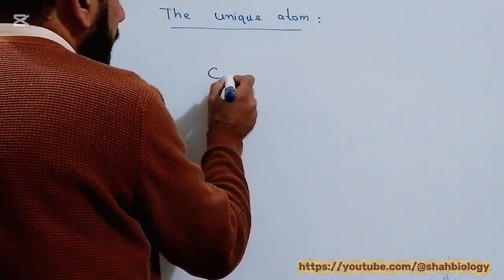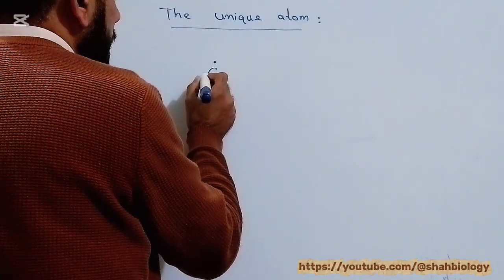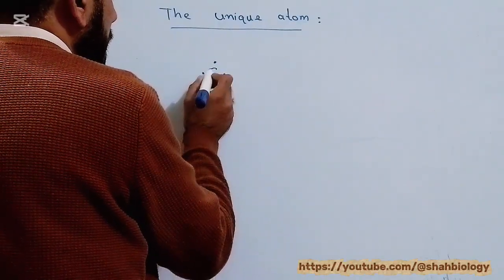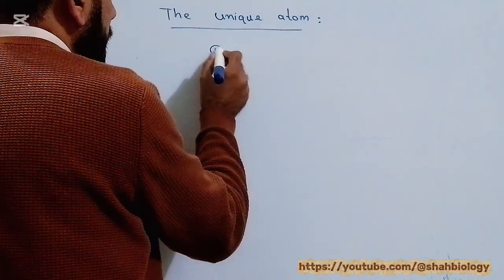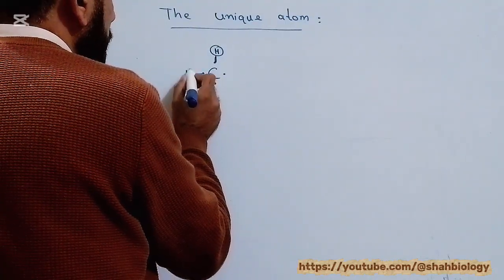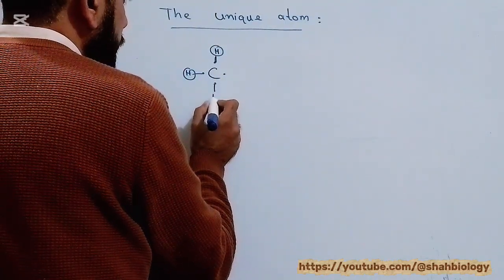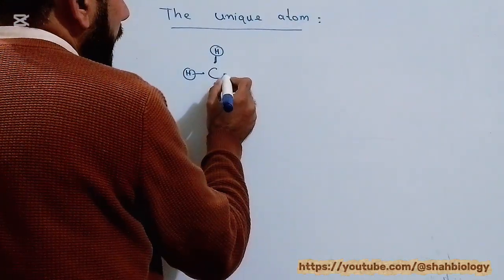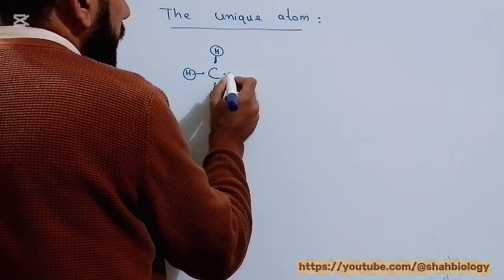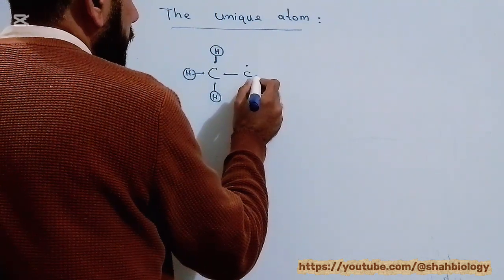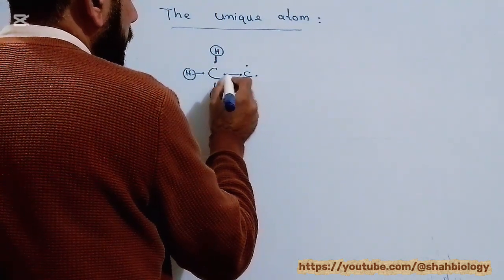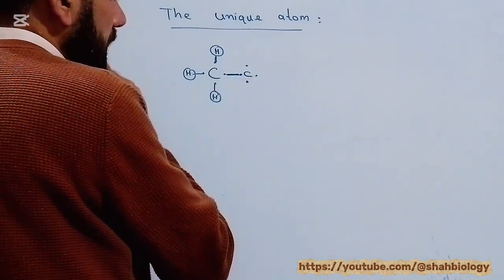Let's take two carbon atoms. Suppose this carbon is bonded with three hydrogen atoms, and the remaining electron it shares with another carbon atom.